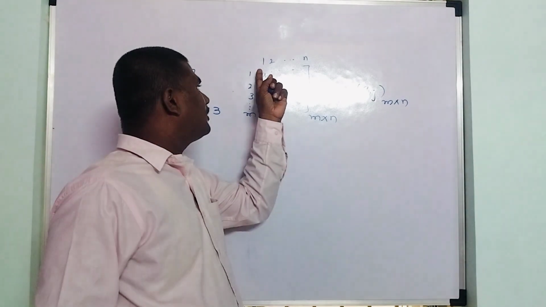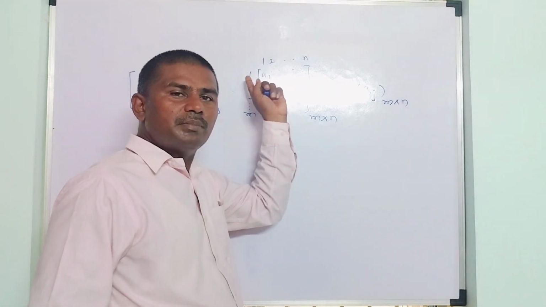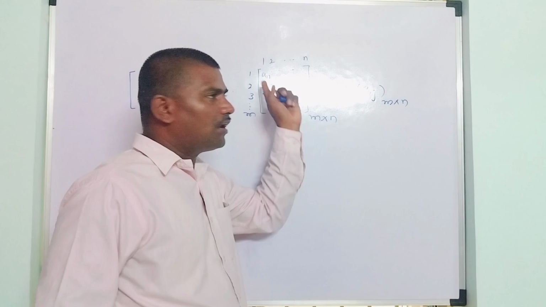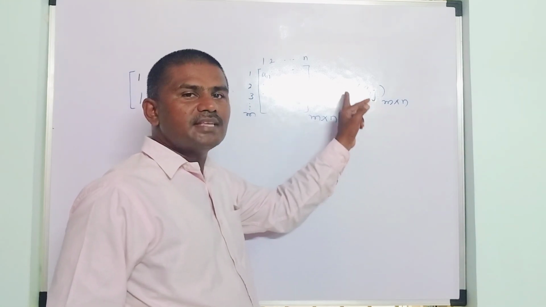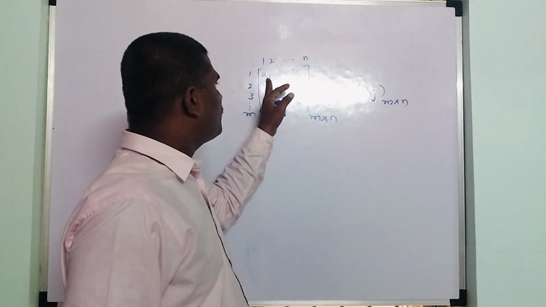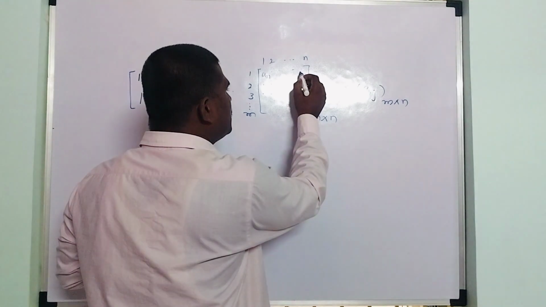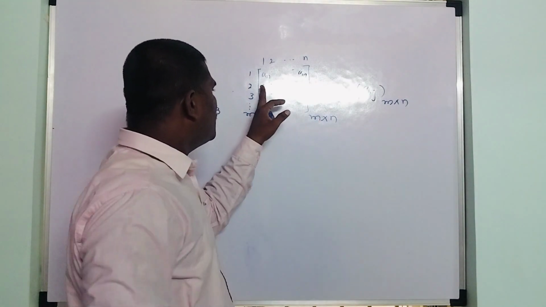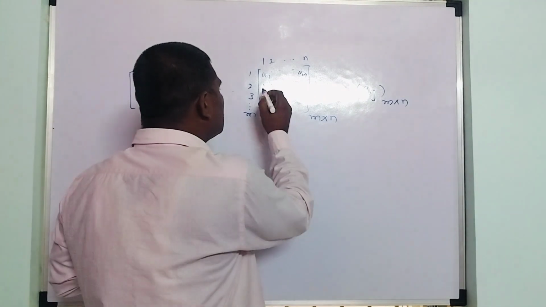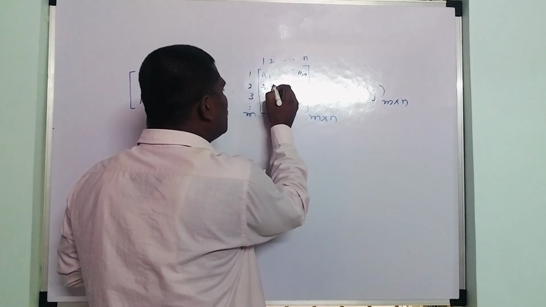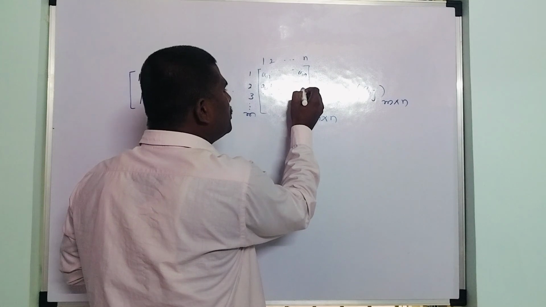So the element which is in the first row and first column is represented as A11, and I am taking this one as Aij. That means A11, A12, A13, and so on up to A1n. Similarly, A21, A22, and so on up to A2n.